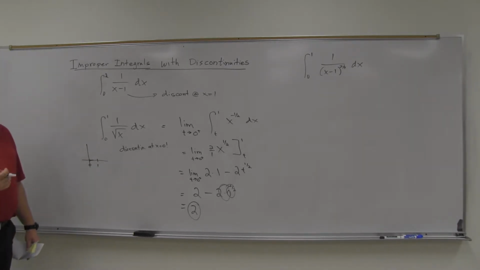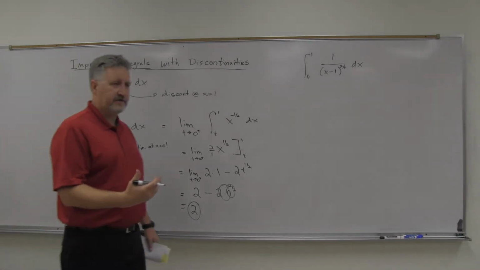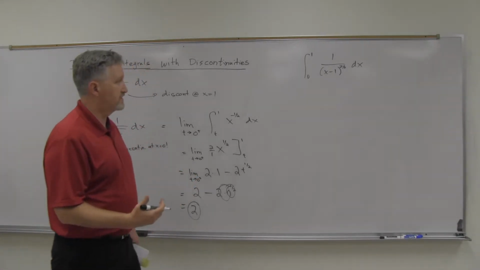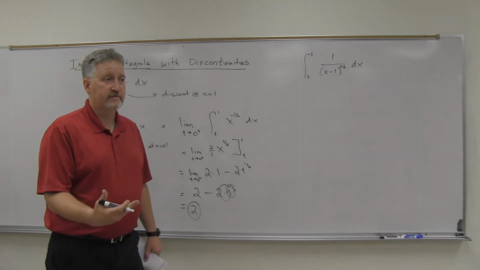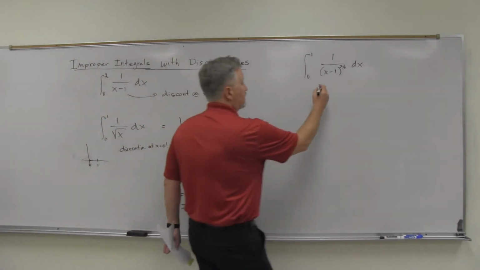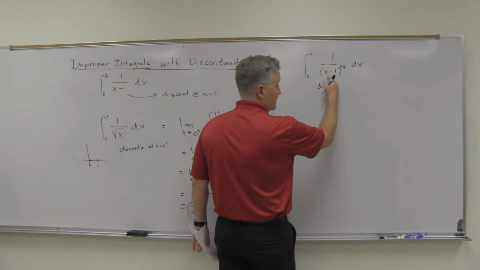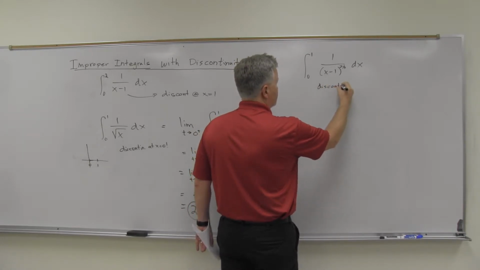So what do I need to replace here by the t? What's the discontinuity here? The discontinuity here is not 0, is it? The discontinuity here is 1, because x can't be 1 when I substitute it in.